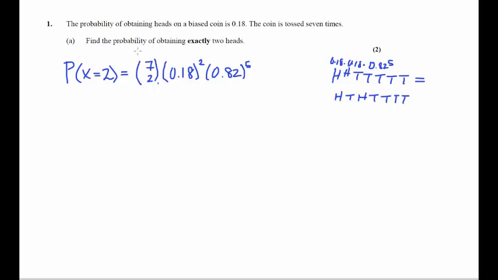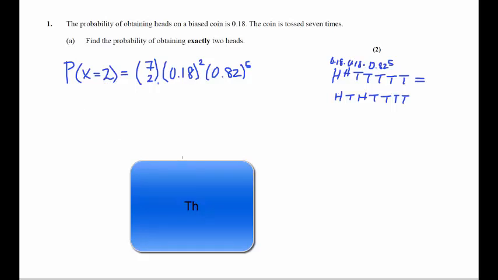And so to calculate this probability, this is what we're actually calculating. And fortunately, our calculator has this programmed in so that we just need to tell it the number of times that we're flipping the coin, what's the chance of us getting a heads, and how many times we want that to happen. And so then we work that out on our calculator.